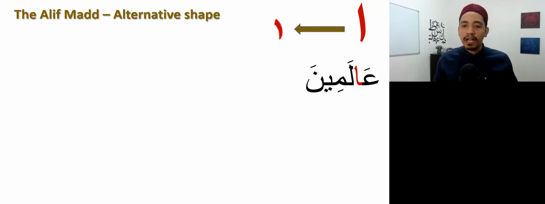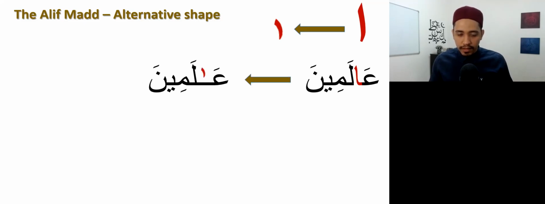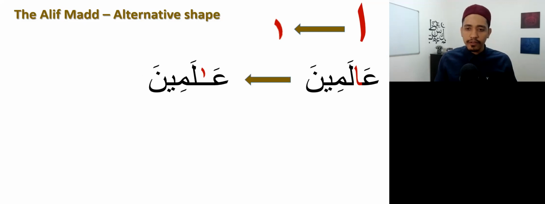Alhamdulillah Rabbil Alameen. Alamina. Okay, look over here. Alif mad is gone. There we go. You can see how that mini alif was fit in there after the ain. However, instead of taking a whole alif, they just put that miniature there, and that became alamin.